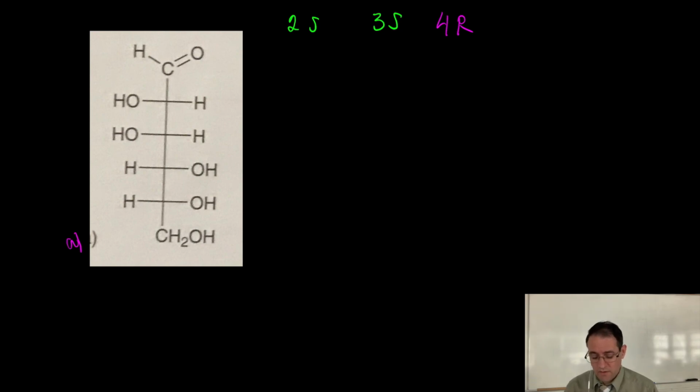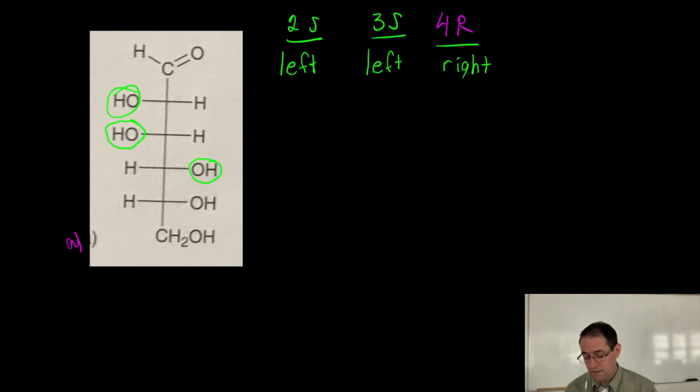What you'll notice is that carbon 2 is an S and the OH is on the left. Okay? At carbon 3, it's an S configuration and the OH is to the left as well. Okay? And at carbon 4, it's an R configuration and its OH is on the right, okay?